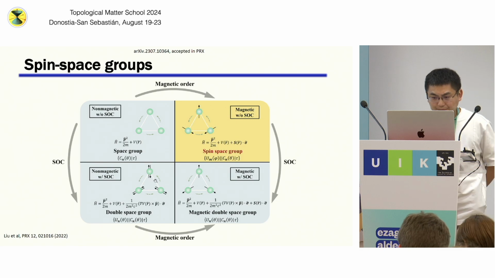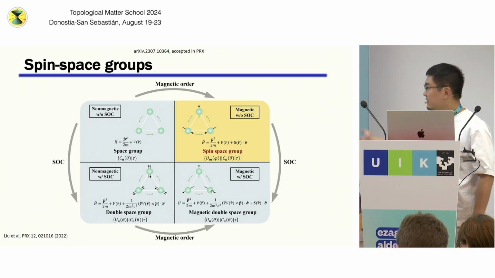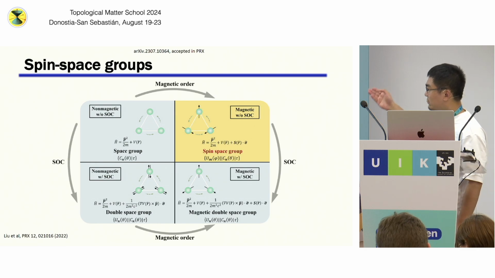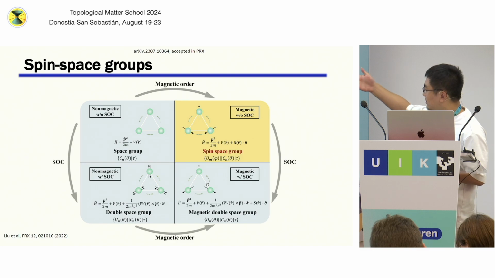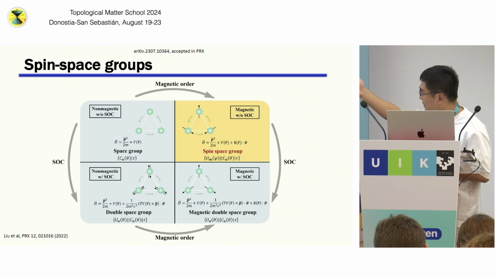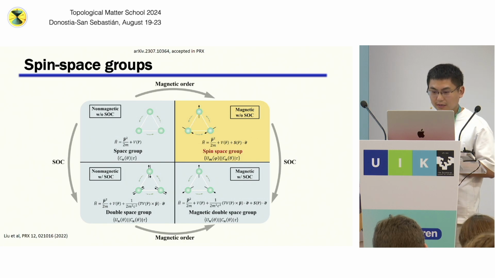For example, in a usual magnetic material, when we rotate the atoms in real space, we must rotate the spin in the same way, right? So here we rotate the atoms by 2π/3, then we must rotate the spin also by 2π/3. But if there is no spin-orbit coupling, it's possible that the spin behaves in some other way.